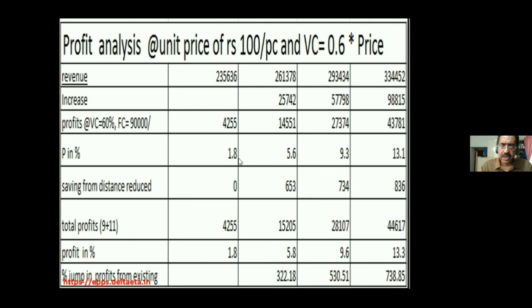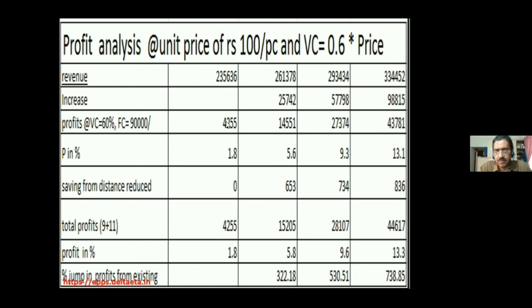So imagine from 1.8%, the profit is jumping almost 7 times. Initially, it jumped 3 times, then it became 5 times, and now it has become 7 times. From 1.8 it has gone to 13.1, or from 4255, the profit is increasing to 43,781. Here you see that it is almost a 10 times jump.